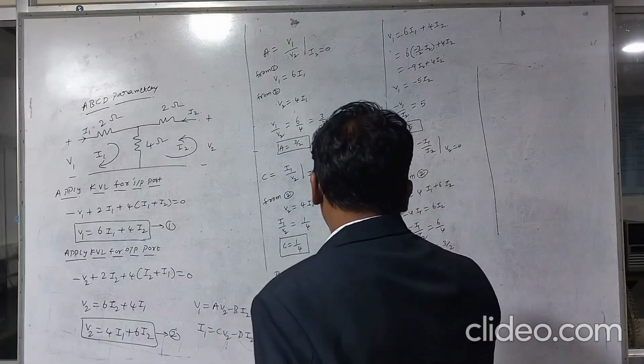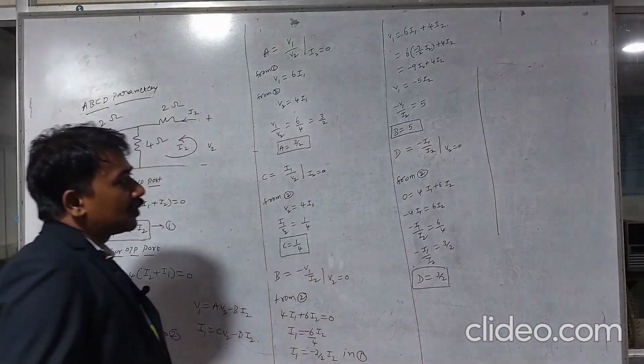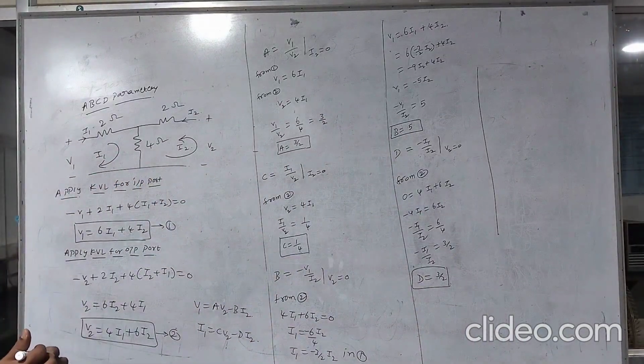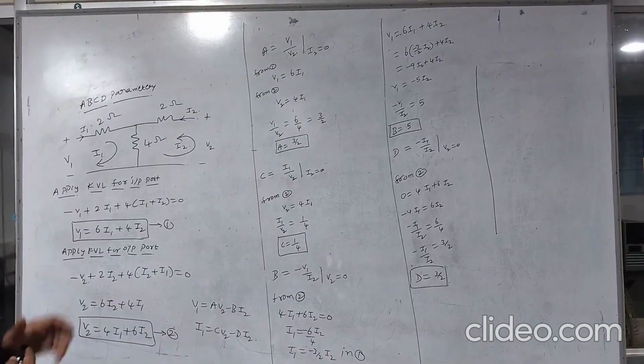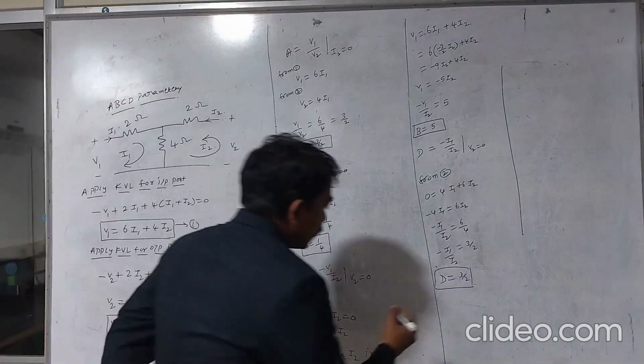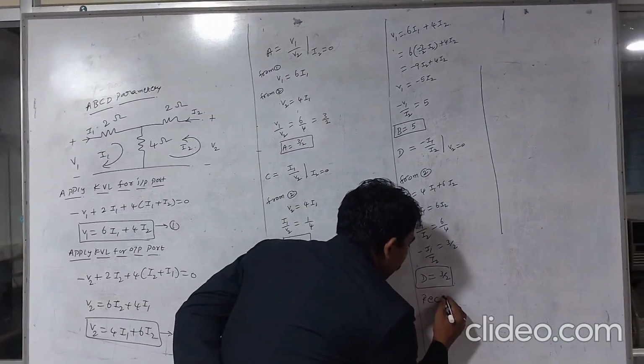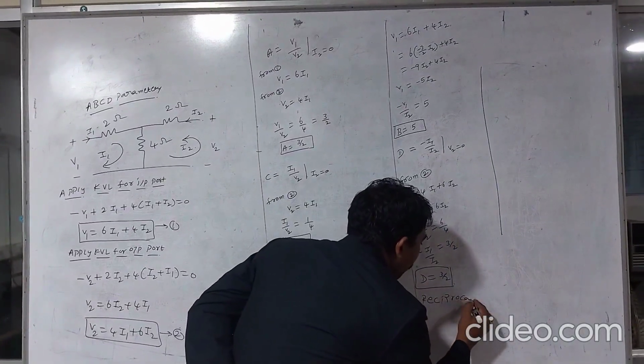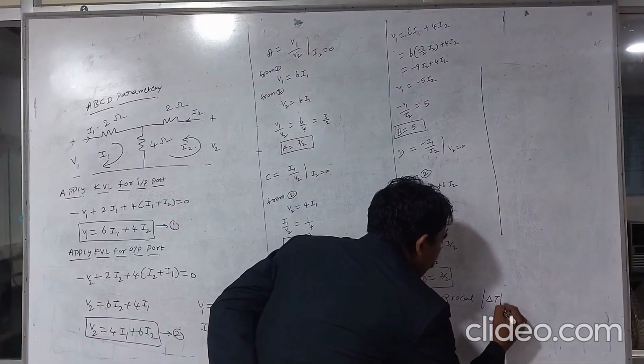Okay. To say the corresponding two-port network is reciprocal by using ABCD parameters, the required condition is delta T equal to 1.